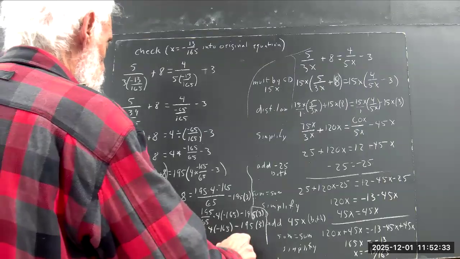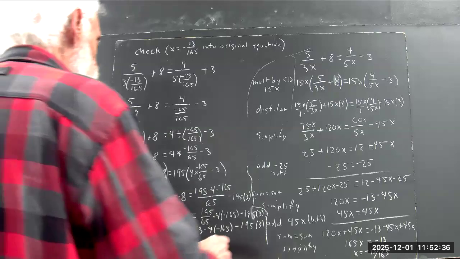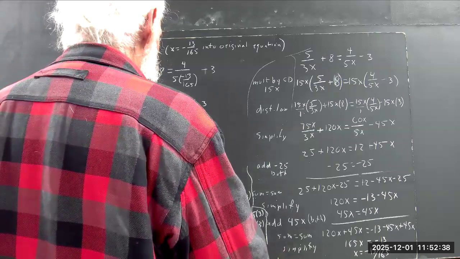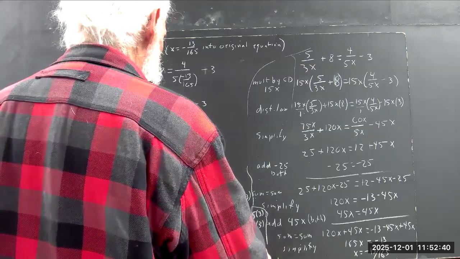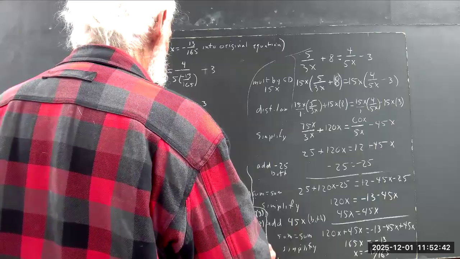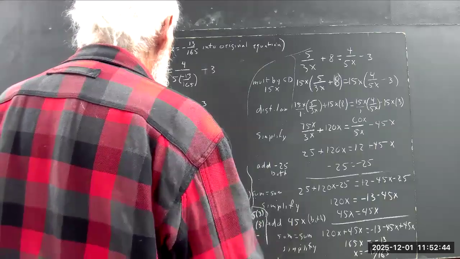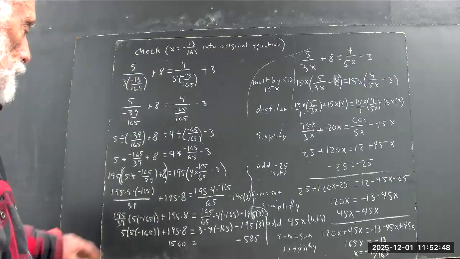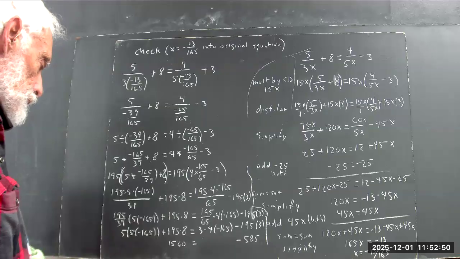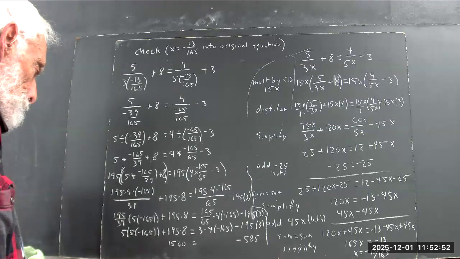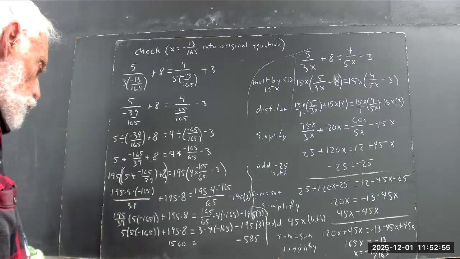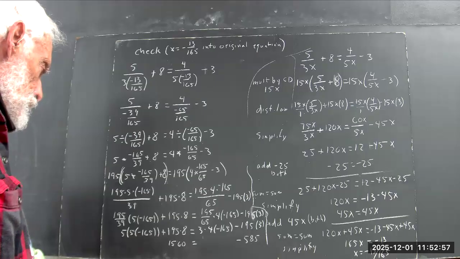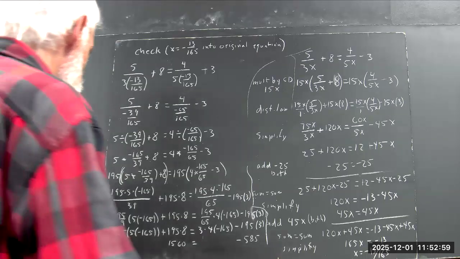So we get here, 195 times 3 is 600 minus 15, which is 585. Okay, now, what's 25 times negative 165? Well, I think that's 4,125.